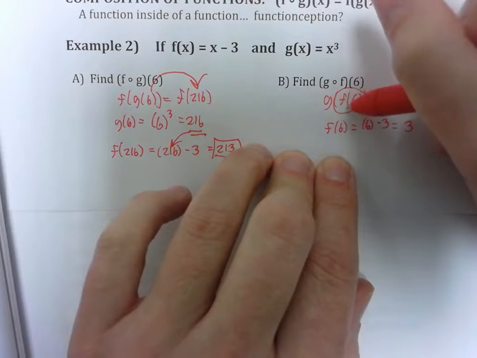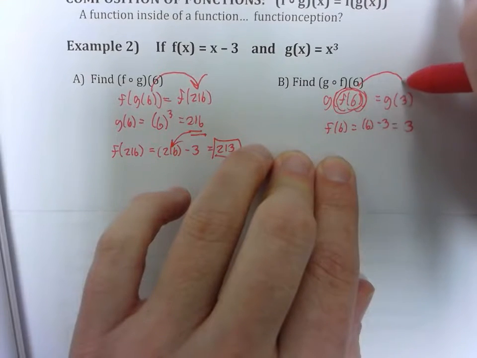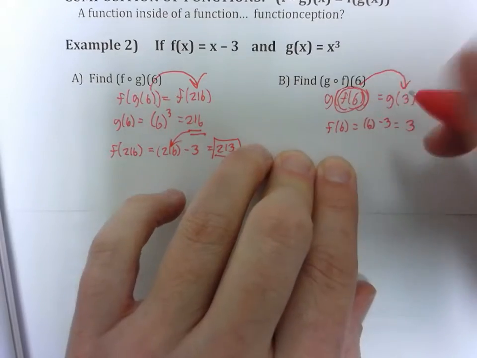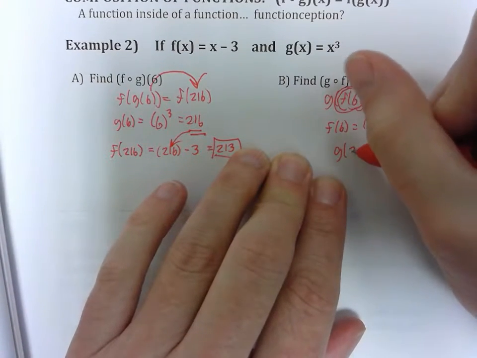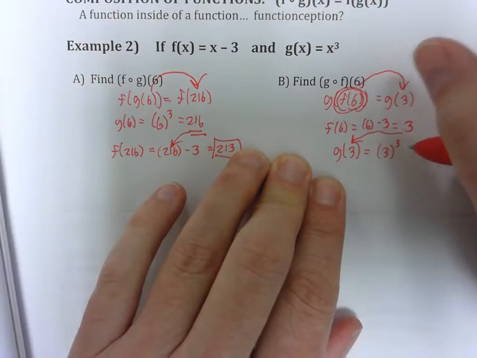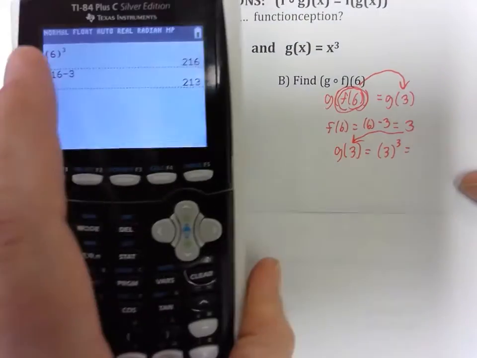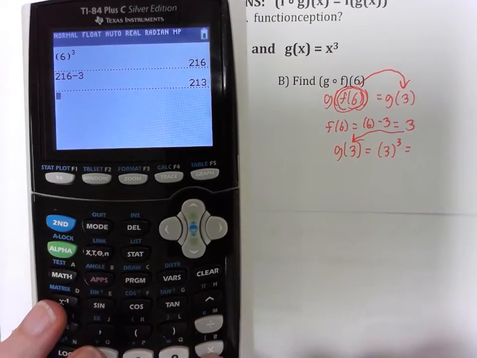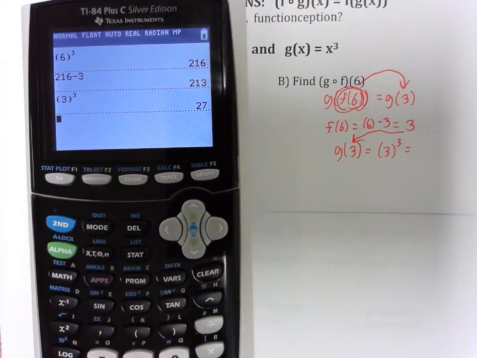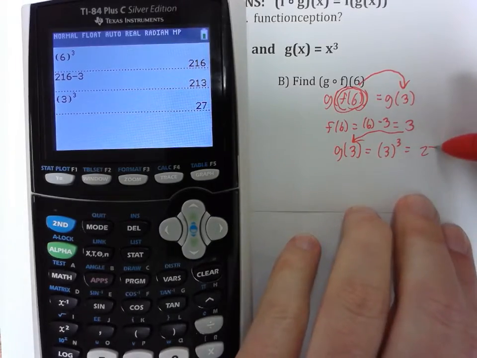So all of that became 3. So g of 3 is 3 to the third power. You can do that in your head or your calculator, it's up to you. 3 to the third power is 3 times 3 times 3, which is 27. You're done.